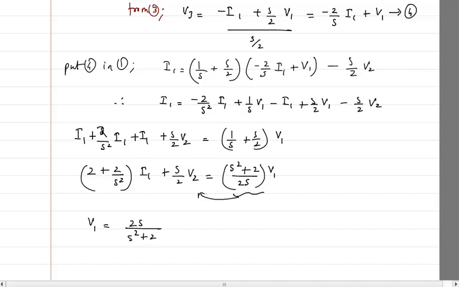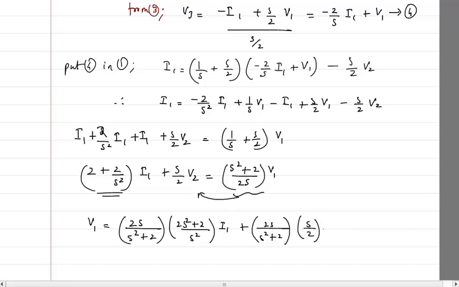If I take it this side, that is what is going to multiply with I1, the 2S square plus 2 divided by S square into I1 plus, again the same multiplication, 2S divided by S square plus 2 into S by 2 V2.